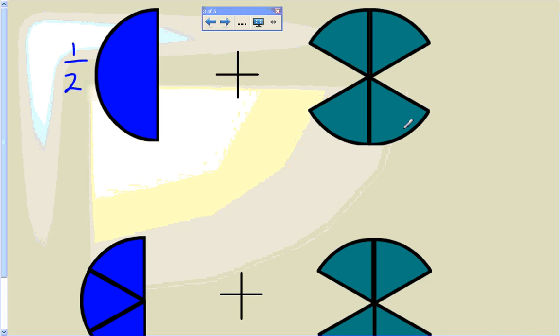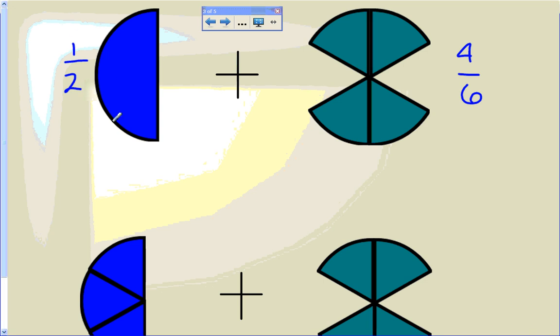If I looked at this circle, count up how many pieces it is made up of. 1, 2, 3, 4, 5, 6. So it's got 6 pieces all together, and I have 4 of those pieces. So this is 4/6. Looking at these, 1/2 plus 4/6, it's not altogether intuitive what the answer is.